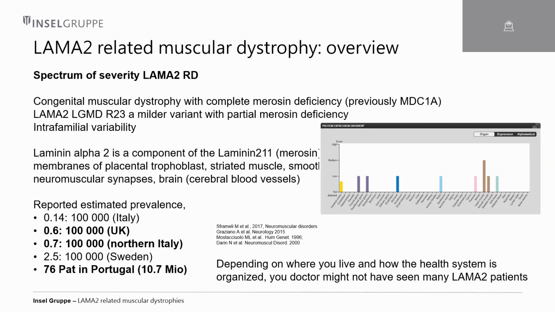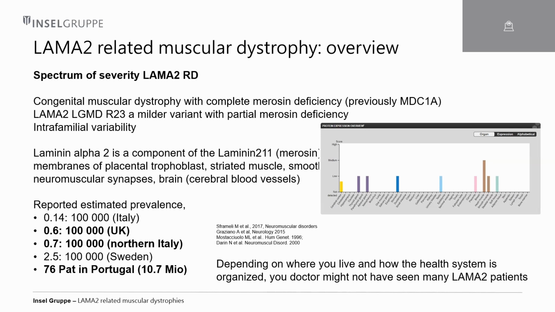So when you look at these different numbers, for Switzerland, that would mean we would have between 11 and 200 patients in Switzerland. This is a big spectrum, and we actually found 17. So we certainly missed some, but I think this is one problem that we have at the moment, that we don't get access to all the patients.